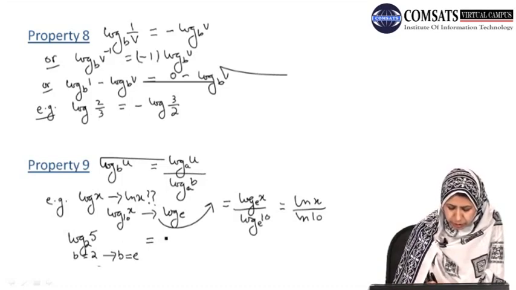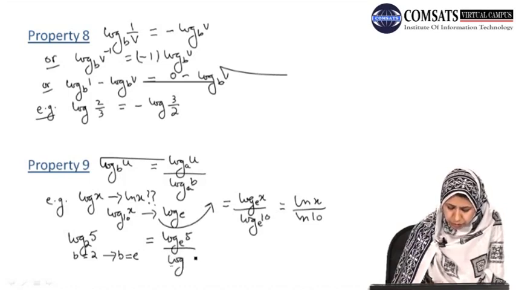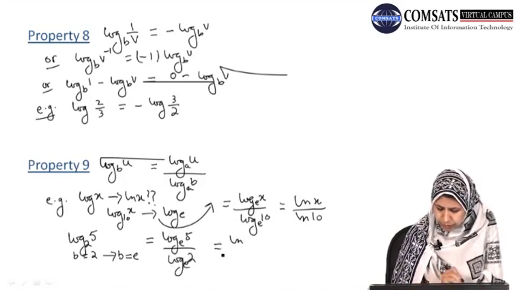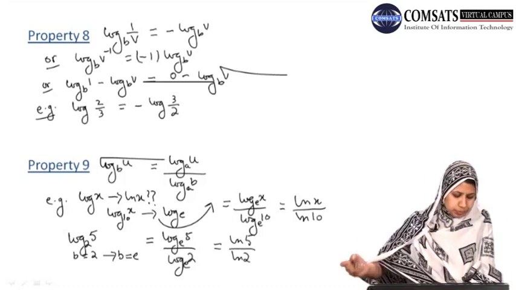This is nothing but log of 5 to the new base e divided by log of 2 to the new base e, which, upon simplifying, we obtain natural log of 5 over natural log of 2.